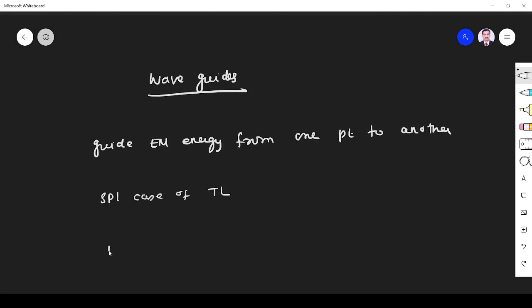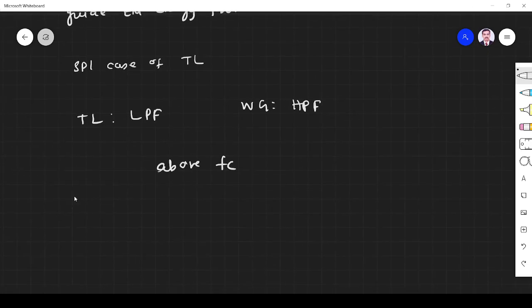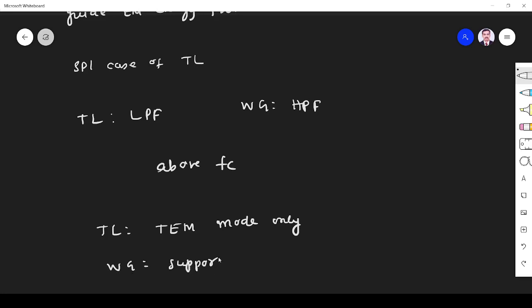Right? Transmission line is a low pass filter, whereas waveguide is a high pass filter. So they must be used only at high frequency, that is above cutoff frequency. That's why cutoff frequency is an important parameter in waveguide. Transmission line supports only TEM, right? Whereas waveguide supports any possible field configuration.